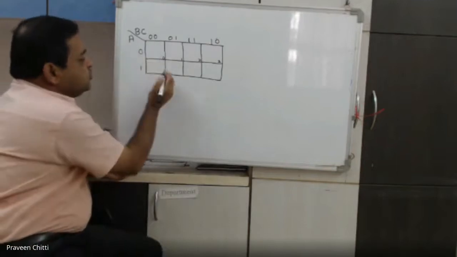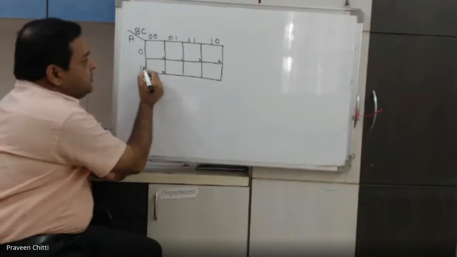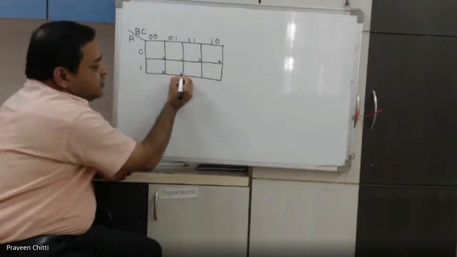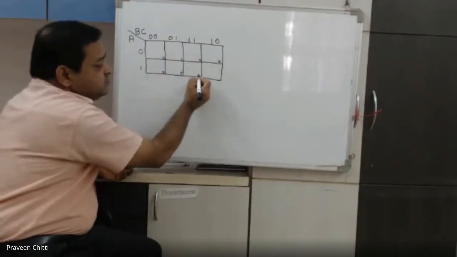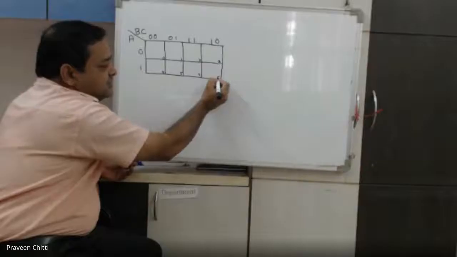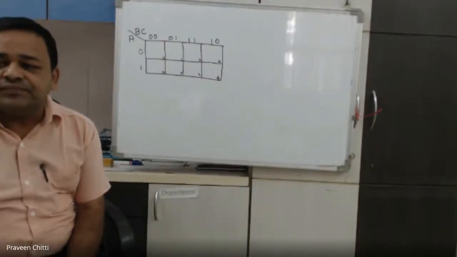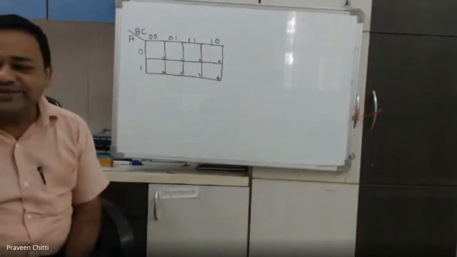Next, 1 0 0 is 4. Then 1 0 1 is 5. 1 1 1 is 7. 1 1 0 is 6. This is how the cells have to be numbered. Is that visible, what I have written there?